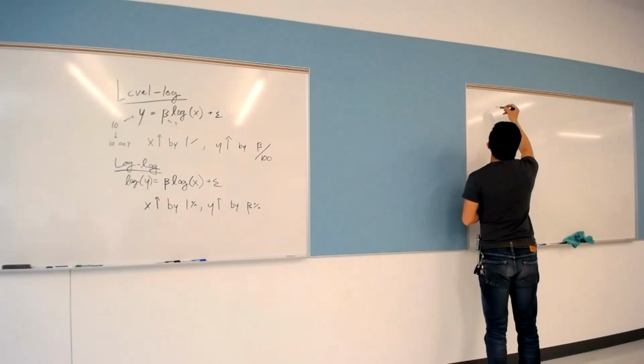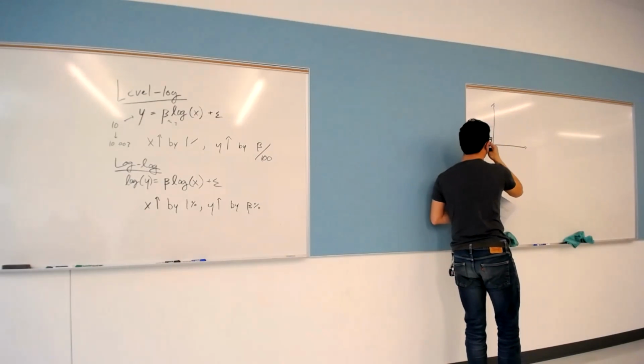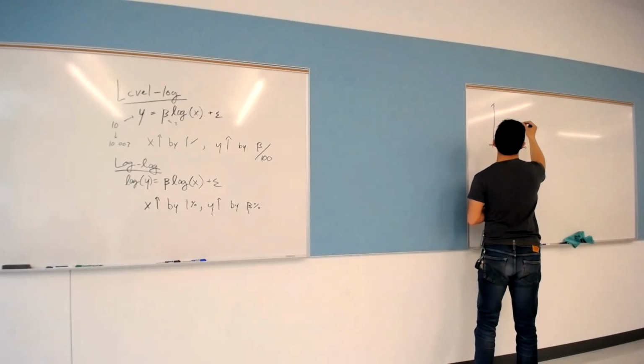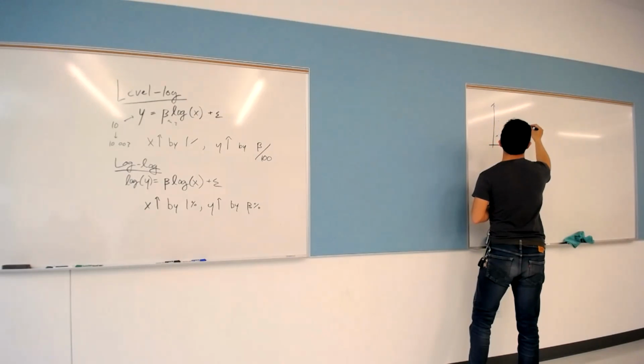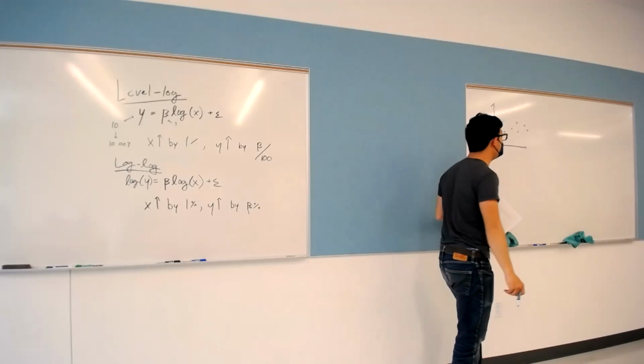So if you can recall, not the first day of class, but the first day of us talking about regressions, I drew some points here. And then I asked a bunch of people to come up and draw some lines, right?